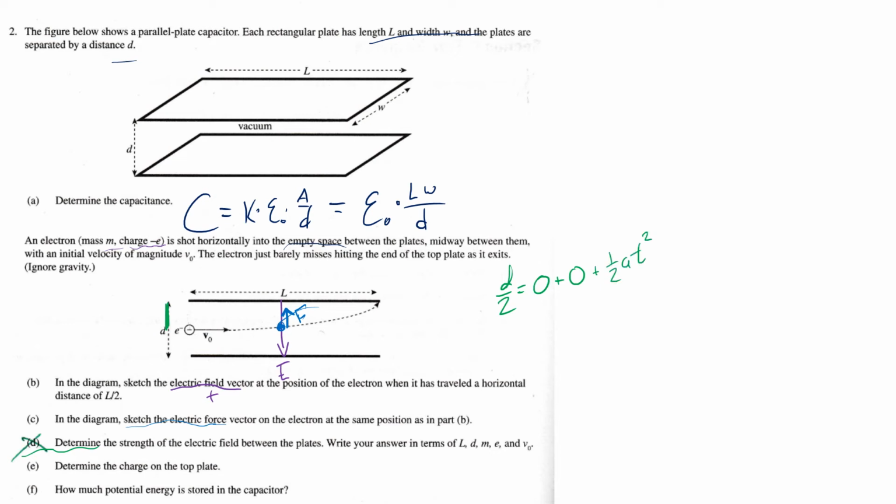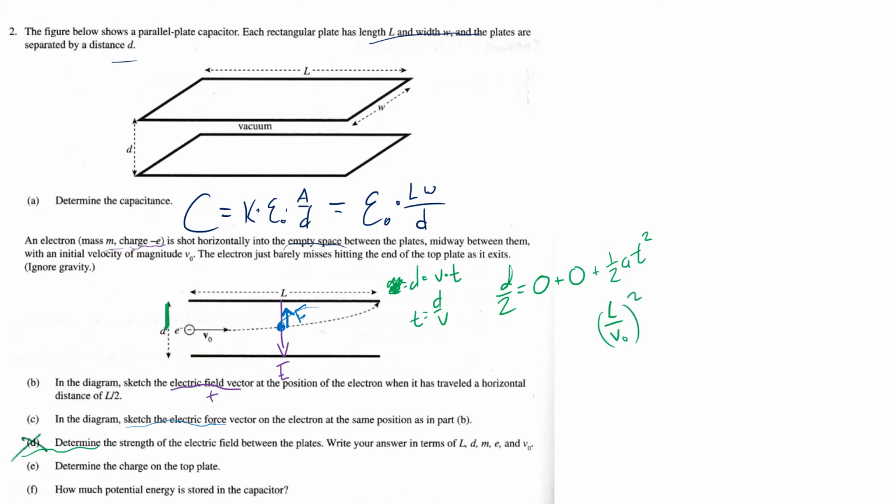Now here's the problem. What's t going to equal? Well, the electron got to the end of this in that time, right? The distance is going to equal velocity times time, right? So that means time is going to equal the distance divided by the velocity. We know the distance is L, and we know the velocity is going to be that v0.